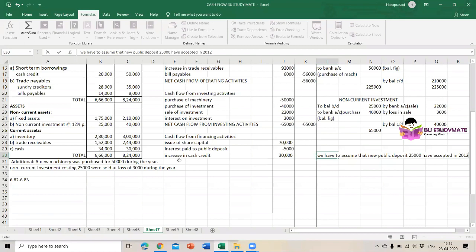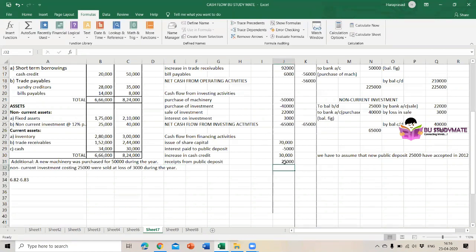So we have to write here receipts from public deposit, 25,000. Then what all things? That much only.